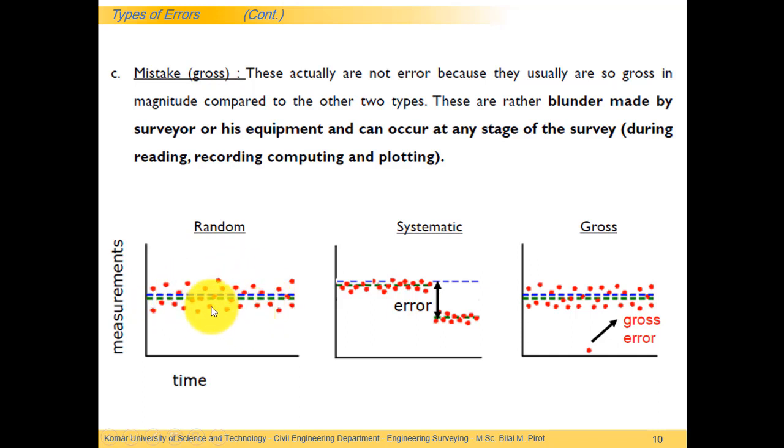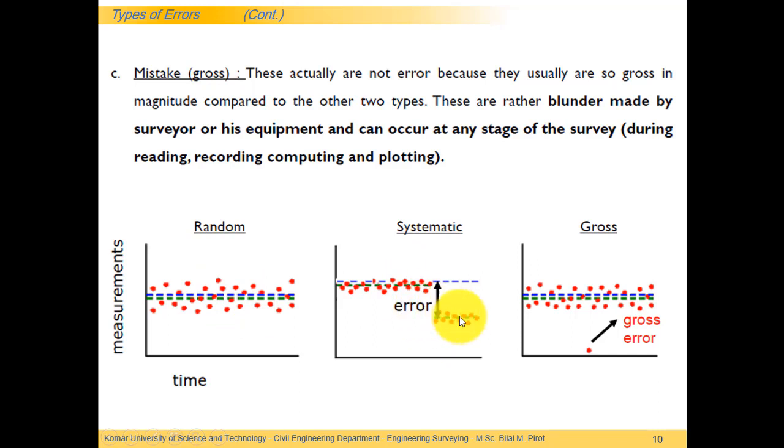The data, the red pointers, are very far away from the two lines. So it means the error is random, and we have a mistake in using the instrument, or we as surveyors are not perfect in using those instruments. So this is called a random error.